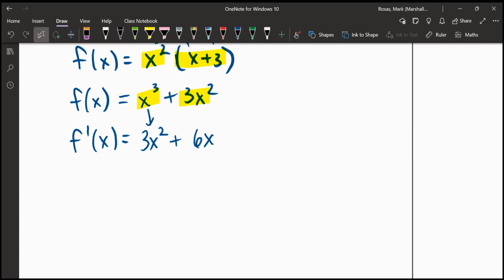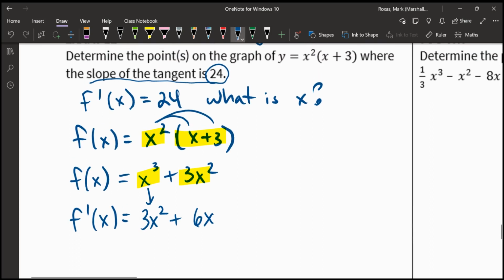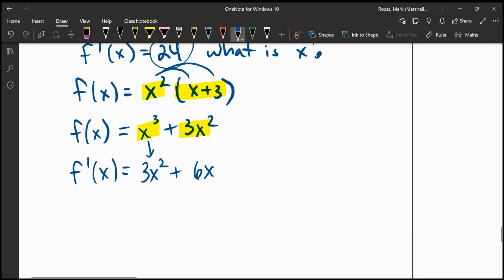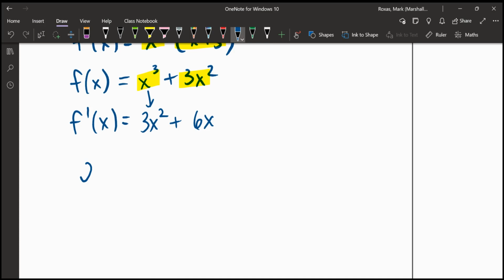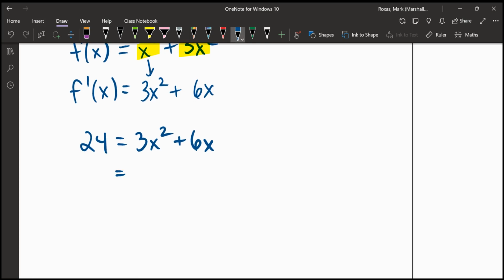So at what value of x does my derivative equal 24? Because the slope of the tangent is 24. So 24 equals 3x squared plus 6x. At what value of x does that occur? Solve for x. Silly me. When you're solving an equation, make one side 0, right? So 3x squared plus 6x minus 24.